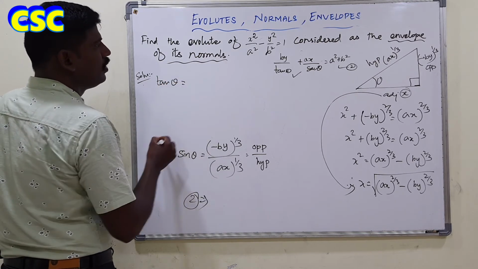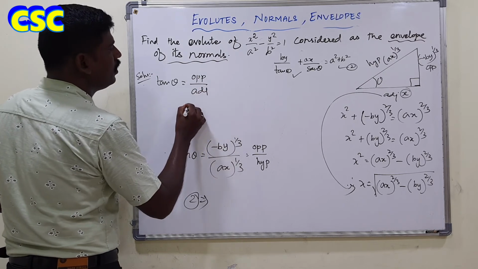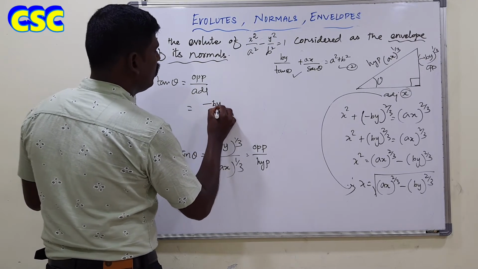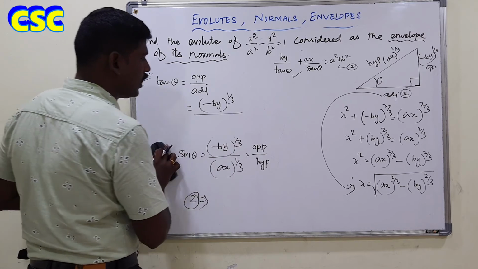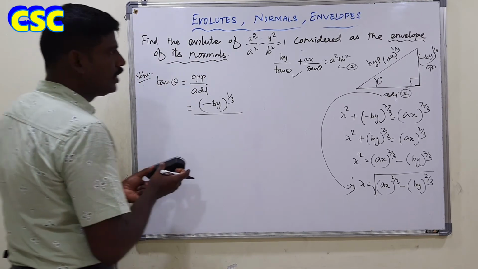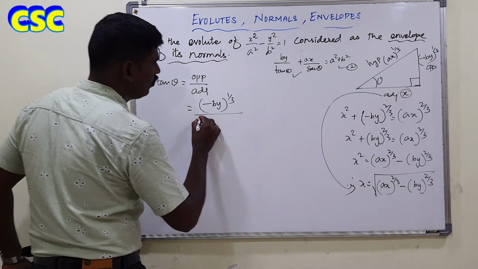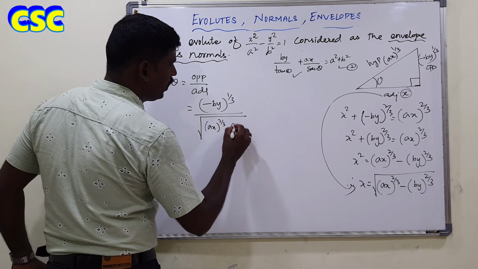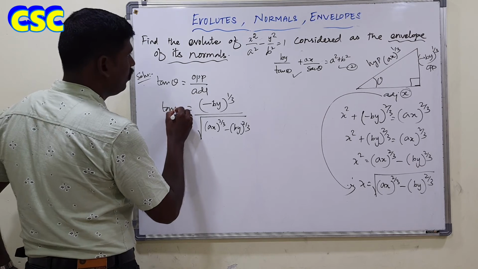Opposite side by adjacent side, which is by to the power 1 by 3 by x. And x is the root of ax power 2 by 3 minus by power 2 by 3. That is the value of tan theta.